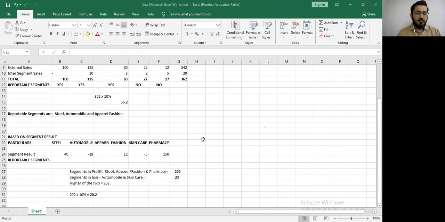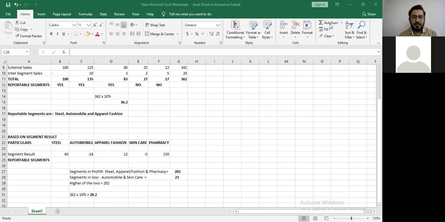Tell me, does steel require separate disclosure? Yes, of course.